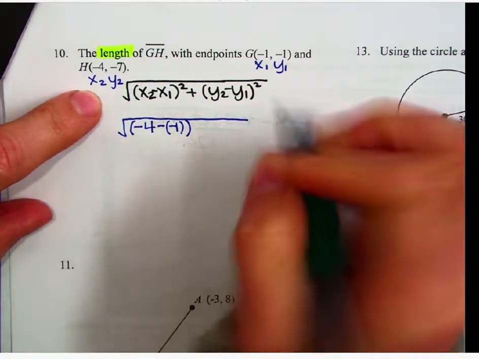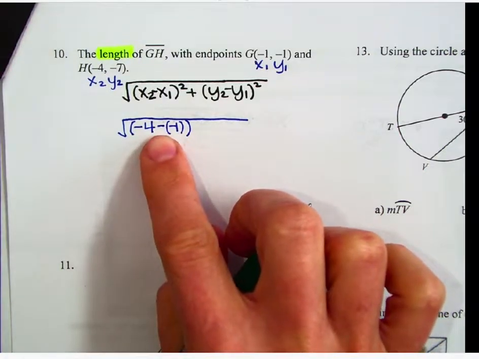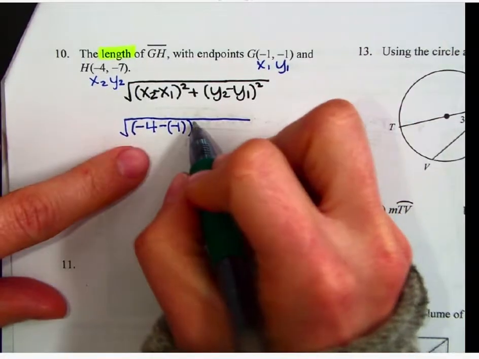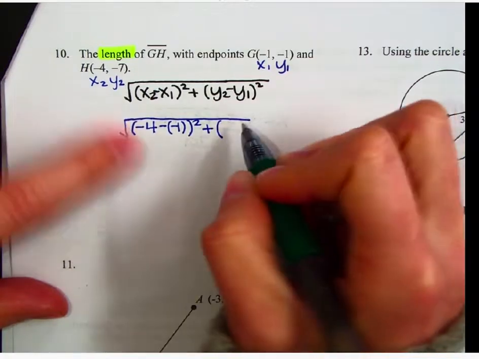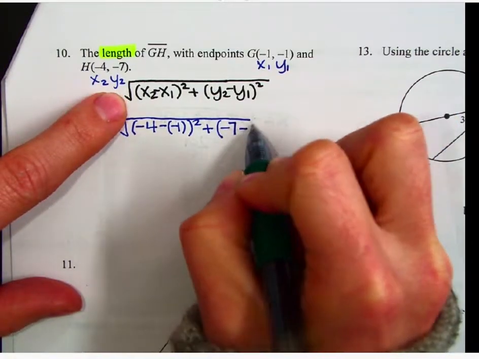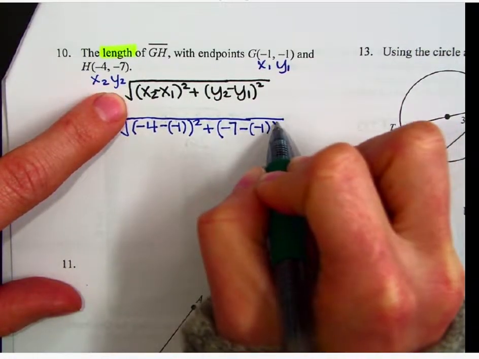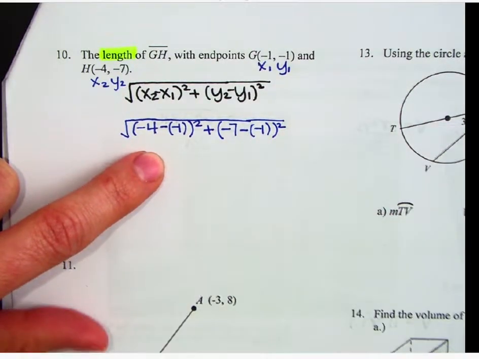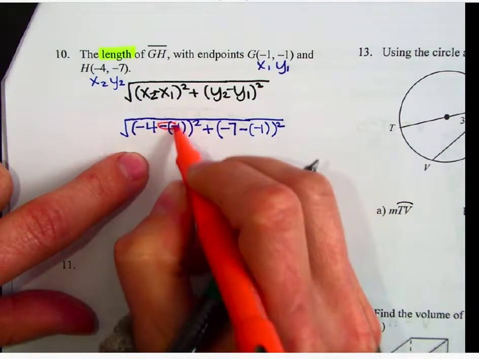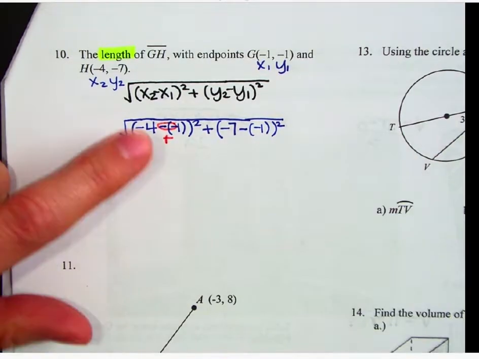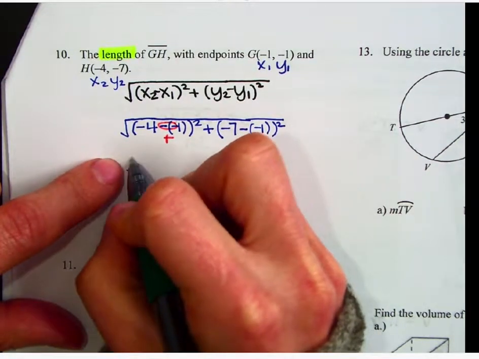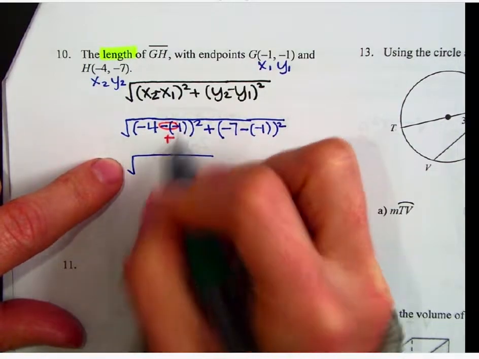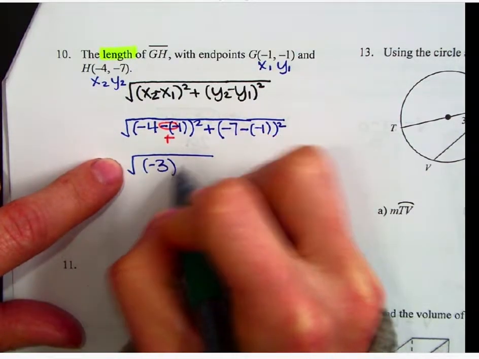Be very careful that we understand there's two negatives. We're going to square that. Plus the difference in y values, so -7 minus -1. Again, be very careful of the minus negative. We need to know that when you're subtracting a negative, it means we're adding. So -4 plus 1 gives us -3.